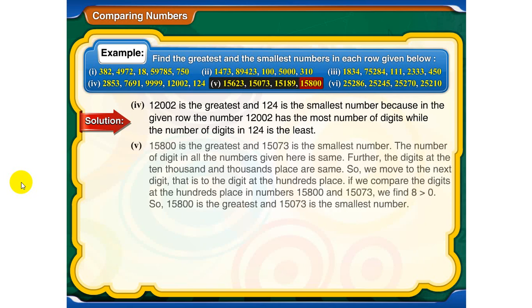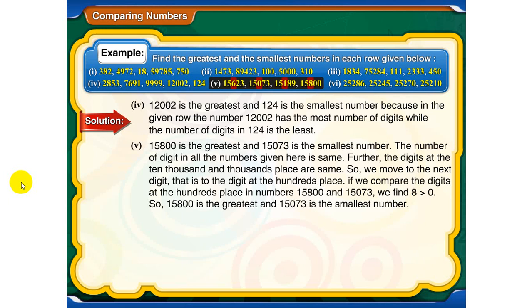5. 15,800 is the greatest and 15,073 is the smallest number. The number of digits in all the numbers given here is the same. Further, the digits at the 10,000 and thousands place are same. So, we move to the next digit, that is to the digit at the hundreds place.